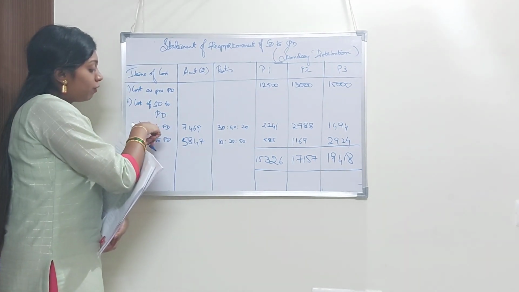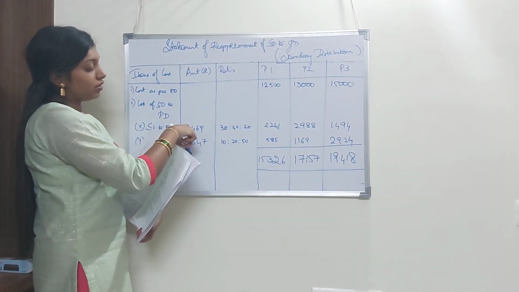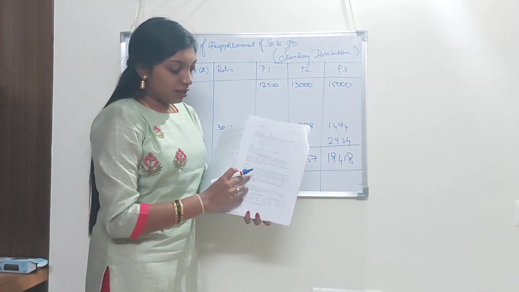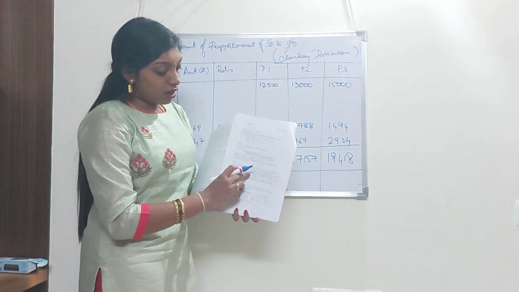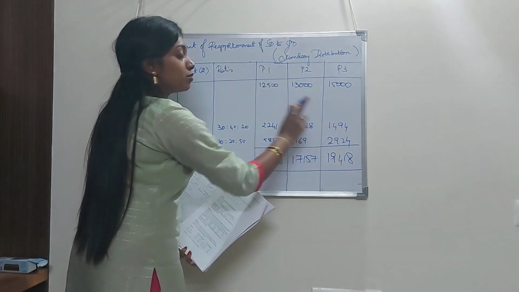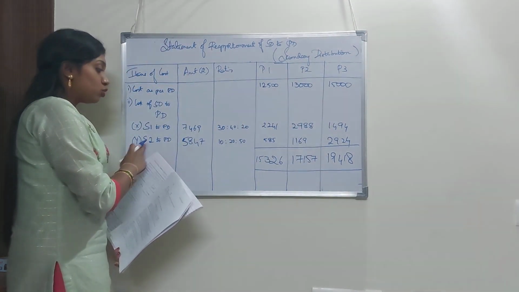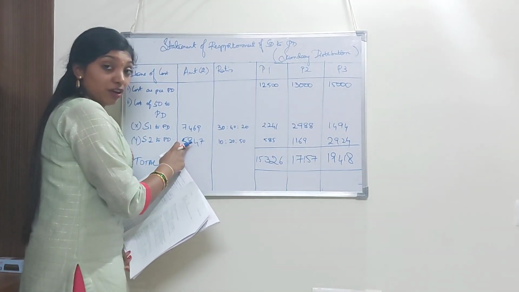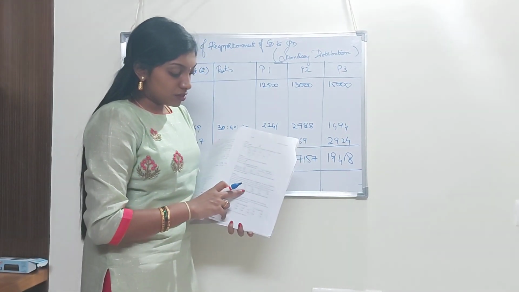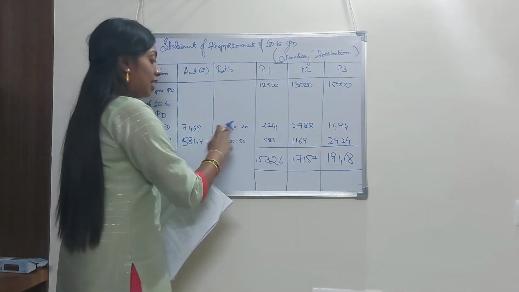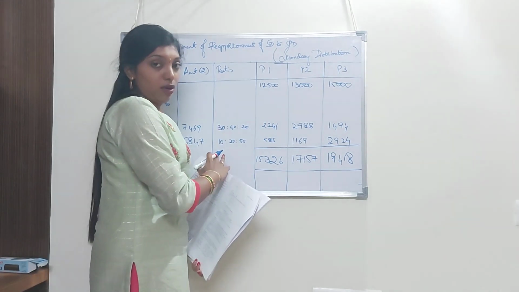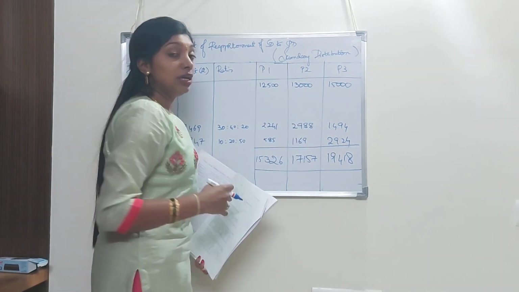We have already found out service department 1 as 7,469 and this has to be reapportioned in the following manner. And for that, again you have to look up to the table, find out the ratio, then distribute as per the given ratio. Then S2, the value is 5,847. Again you have to look up to the table, 10%, 20% and 50%. So as per the given percentage, we have distributed the cost of Y or S2 to various production departments.